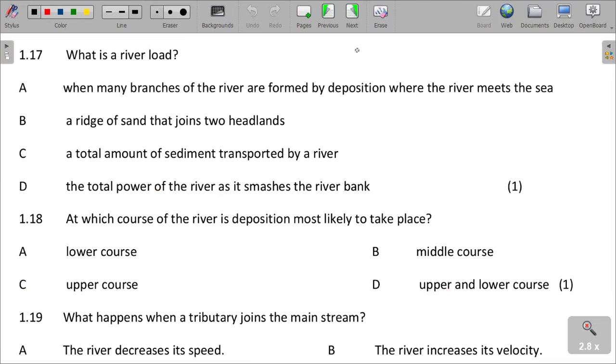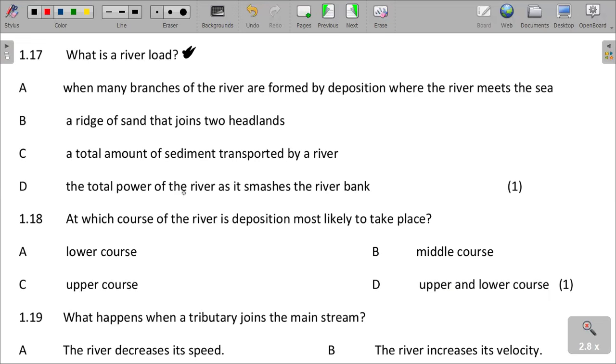So we have different forms of erosion that take place, and at the same time, the erosive energy of the river determines the amount of the river load. The load is defined by the erosive energy, which is determined by the velocity, which is determined by the gradient of the river channel. So a multiple of factors defines how much the river can carry. The type of flow can also affect what the river can transport.